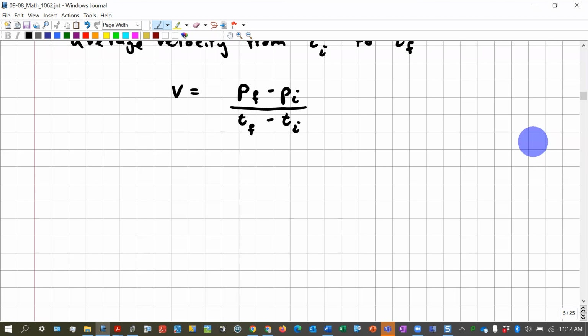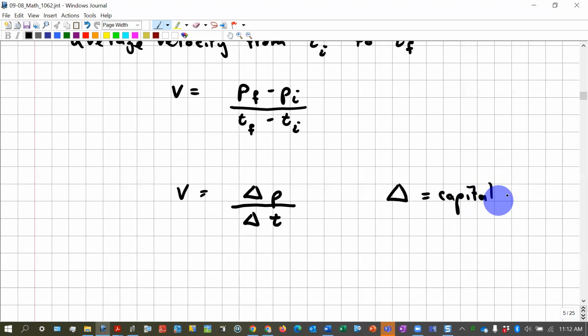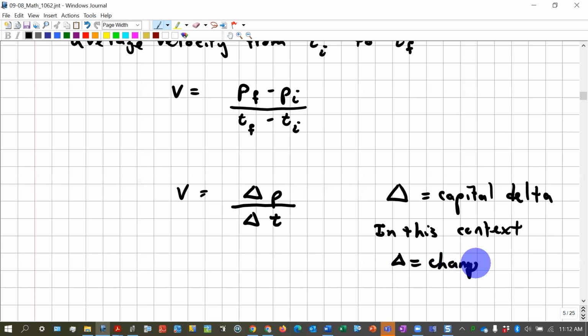And sometimes in physics, then they'll write delta P over delta T, where that's a capital delta in the Greek alphabet, but in this context, delta means the change in.